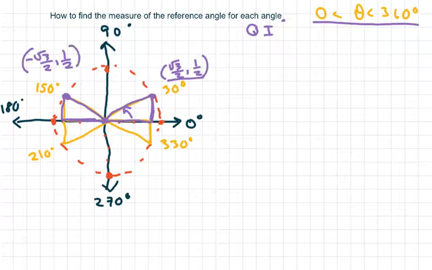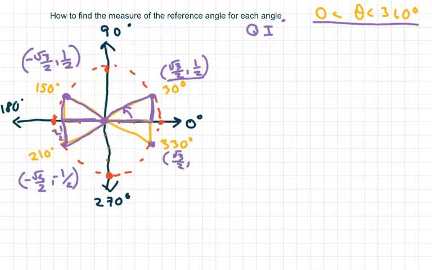My y is still positive, and I still have the same triangle here. And so my point here in quadrant 3, my x and y would be negative square root of 3 over 2, comma negative 1/2. And in this one, my x is positive, my y is negative.